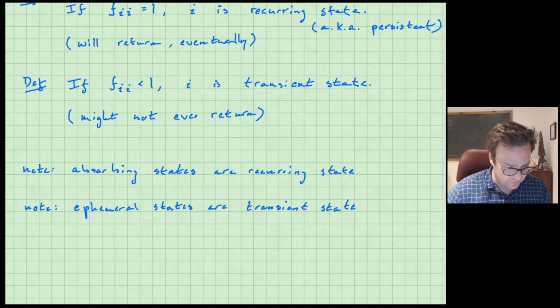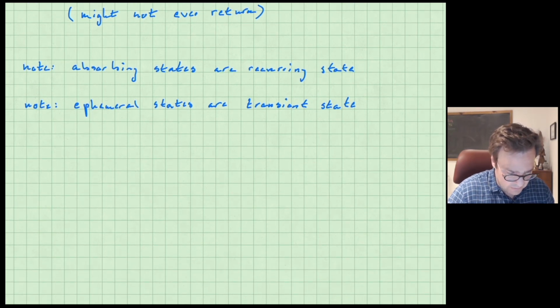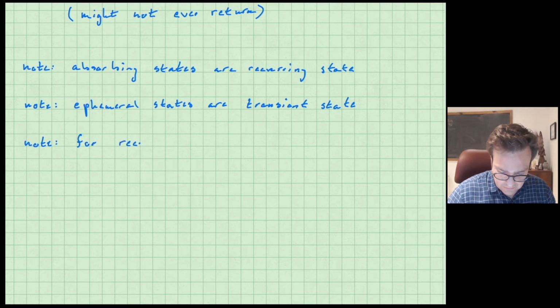Okay, and just another interesting point. Notice the following. If you have some recurrent state, remember what that means. That means that the sum over n of f_ii^(n) is equal to 1.